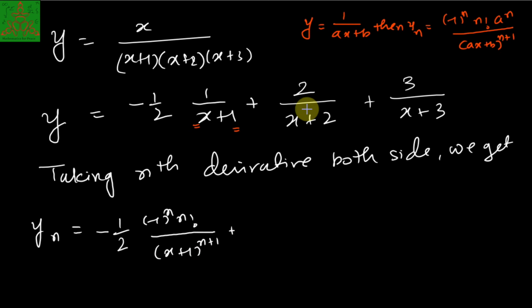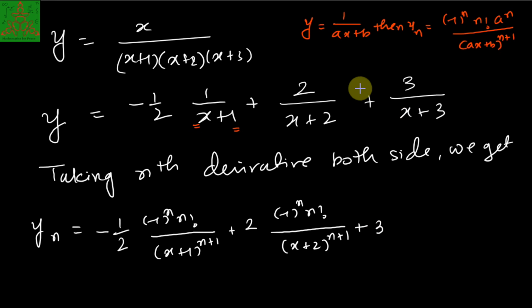The next one is 2 into minus 1 raised to n into n factorial upon x plus 2 power n plus 1, again a is 1 here. In the third one, that is 3 constant, the nth derivative of ax plus b, a is 1 here, so it is minus 1 raised to n into n factorial upon x plus 3 power n plus 1.